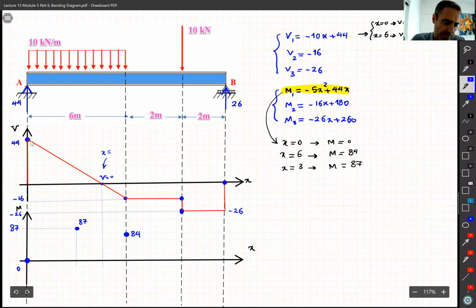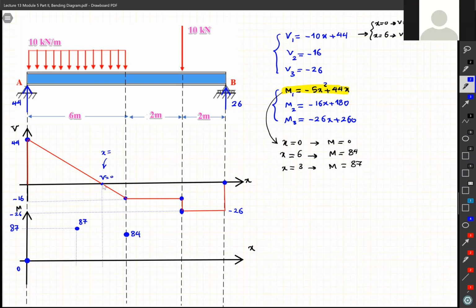Any idea? We know V here is 0, but what is X at this point? Are you guys with me? So the question is, here V is 0 because the line is crossing the x-axis, right?